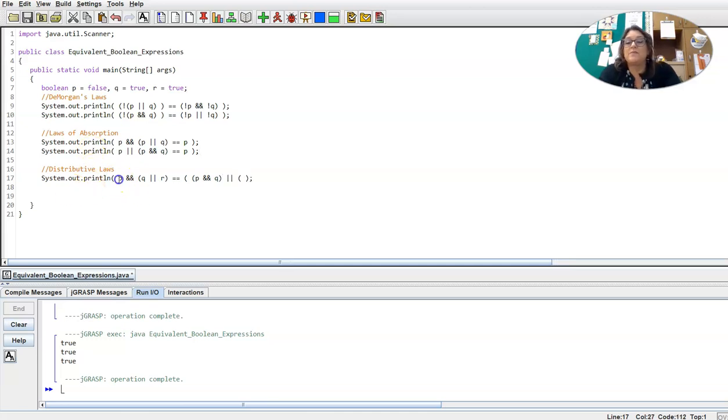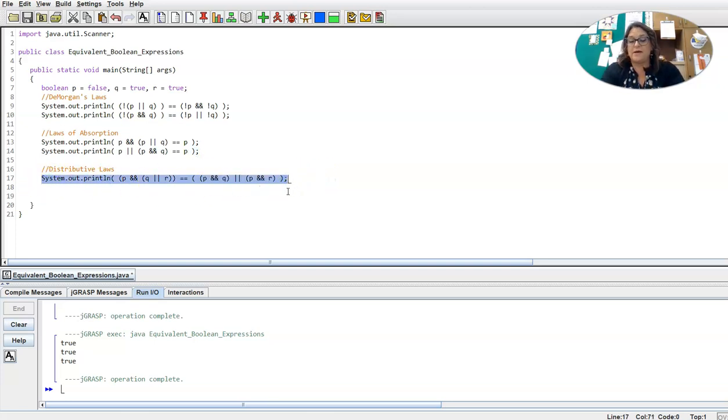And then we distribute the P and to the R. Right? So this will be P and R. Okay, so I think I went crazy with my parentheses here. We've got our first expression, P and (Q or R). Okay, then that P and distributes to the Q. The P and distributes to the R. So I think I don't need this one. And then that gets evaluated. Okay, so those should be equivalent.